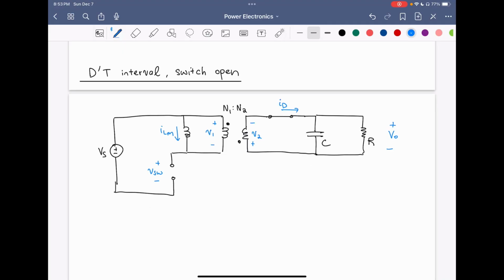So here's the circuit in the D prime T interval when the switch becomes opened.